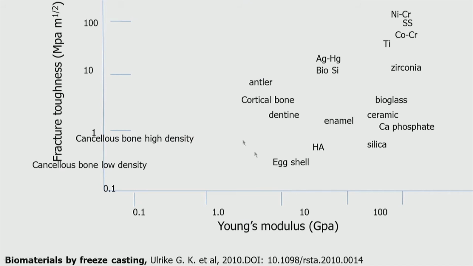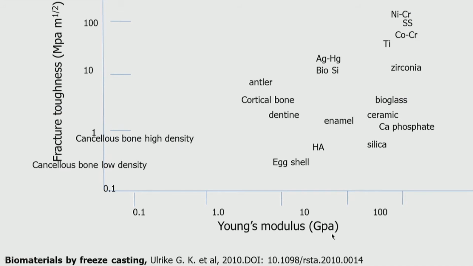This is also a very interesting picture taken from this reference. If you compare Young's modulus versus fracture toughness, as I mentioned, what is fracture toughness? If a crack is developed, how long can the material last, or if the crack starts propagating very fast and the material fails, that is called fracture toughness. It has these particular units, megapascal meter to the half, as you know Young's modulus is in gigapascal.